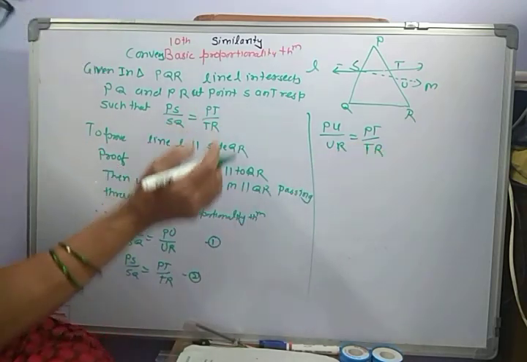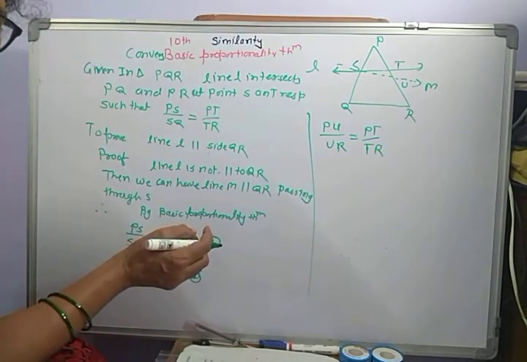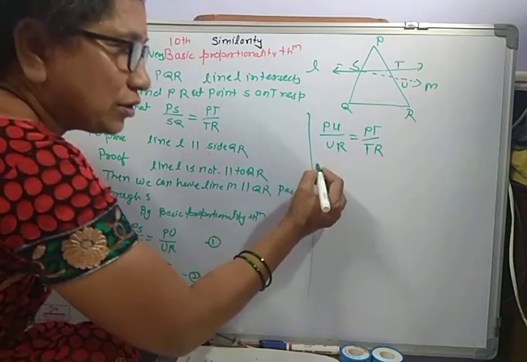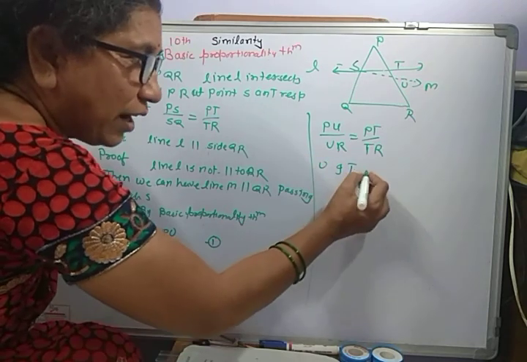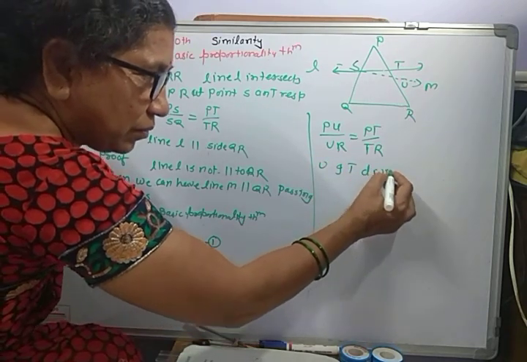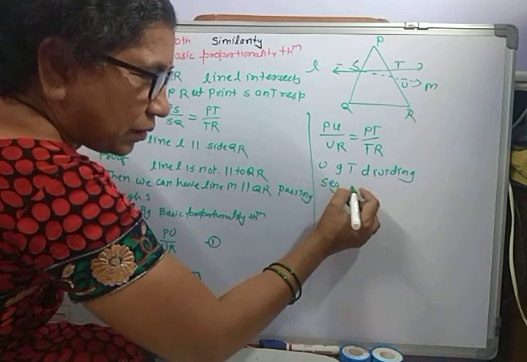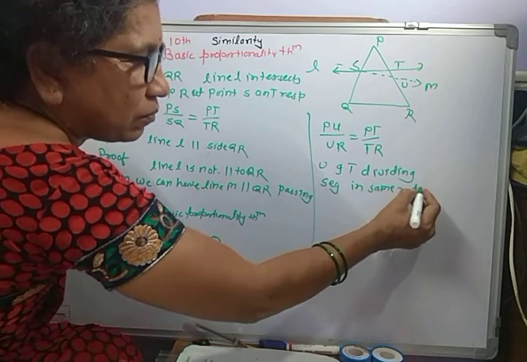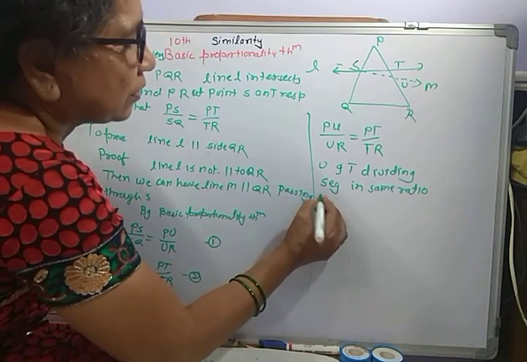Now can we have two different points on a segment which divide it in an equal ratio? That is, there are two points U and T, different points dividing the segment in the same ratio. This is a contradiction to the uniqueness of the point.